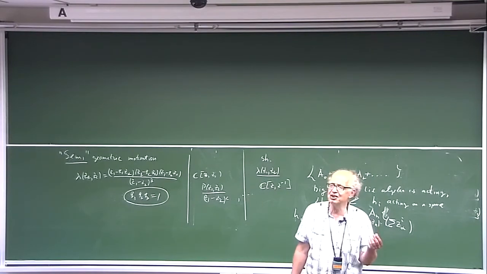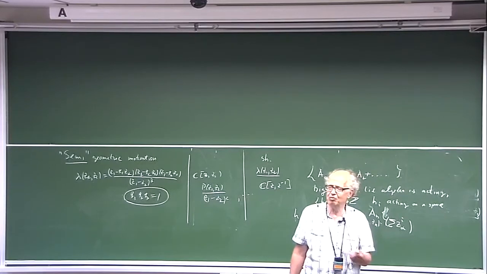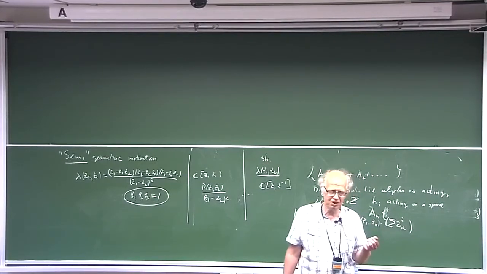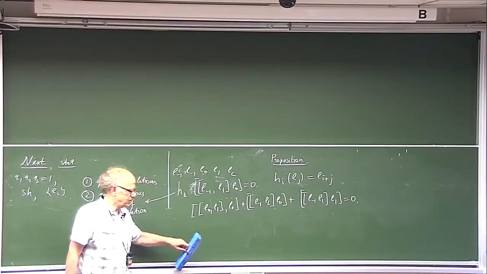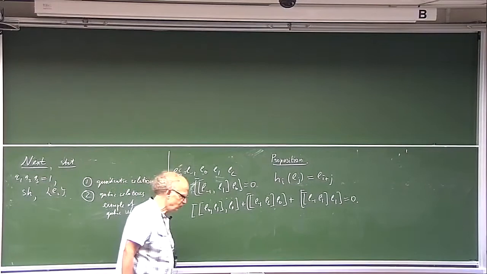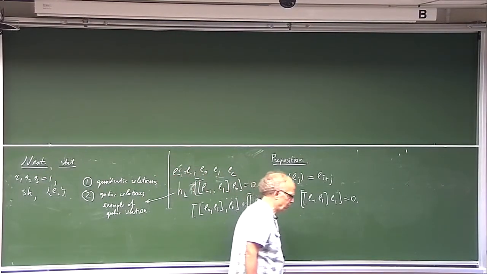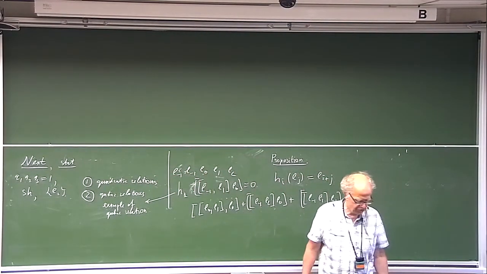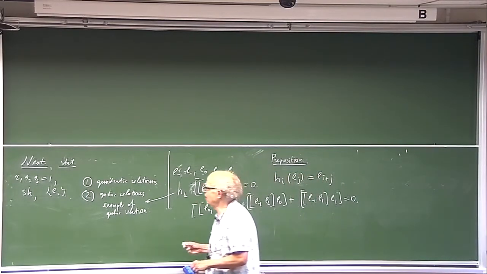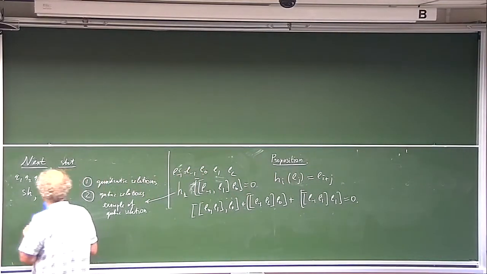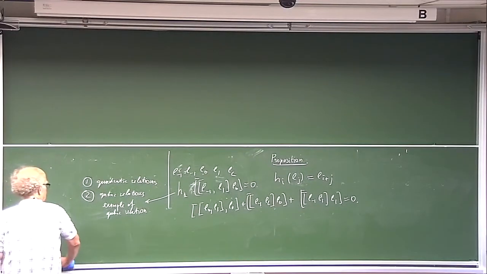I took some relation, which I claim is correct, and then started to act by symmetries and get new relations. But it's a natural question what is the minimal choice of these cubic relations.